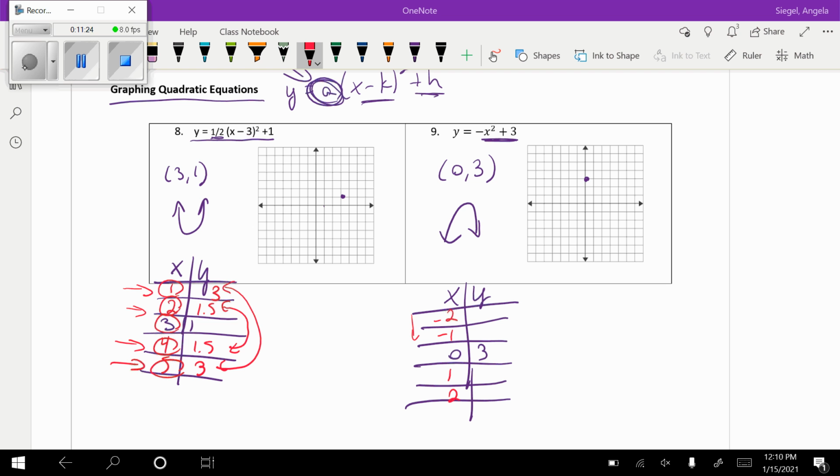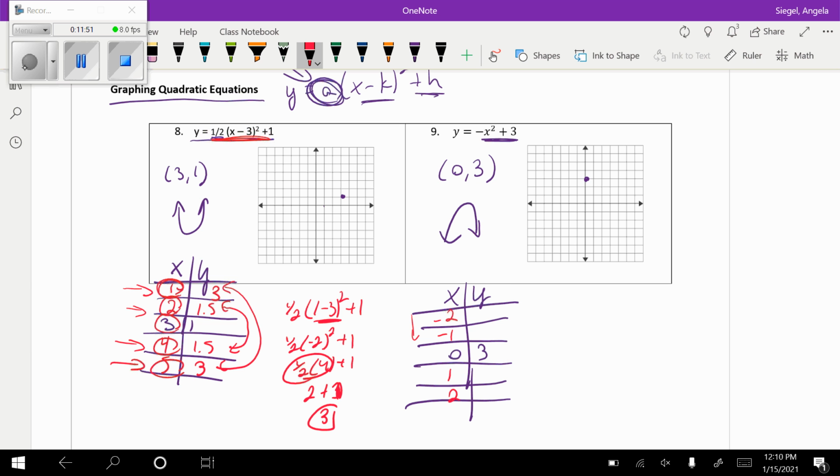Okay, once you've typed in 1 here, I'll go through this one. I have 1/2, 1 minus 3 squared plus 1. So 1 minus 3 is -2, and -2 squared is 4. Half of 4 is 2, and 2 plus 1 is 3.